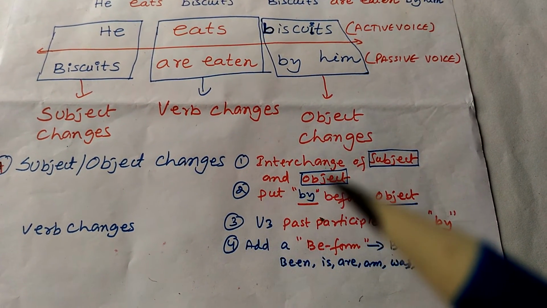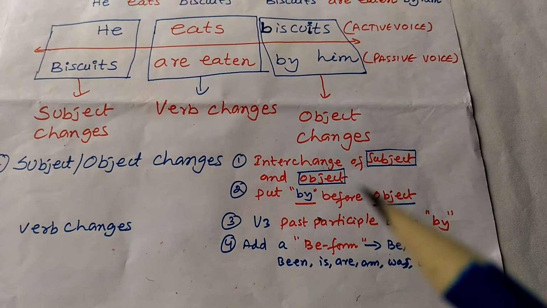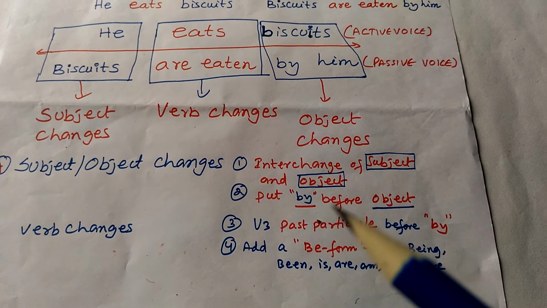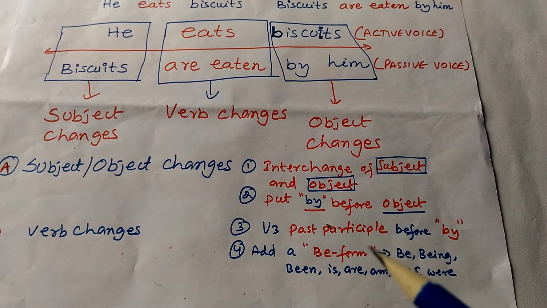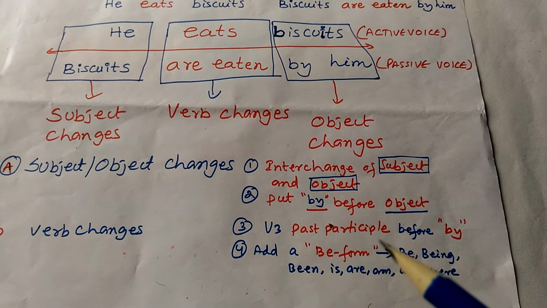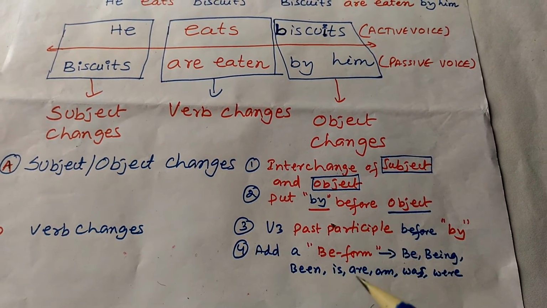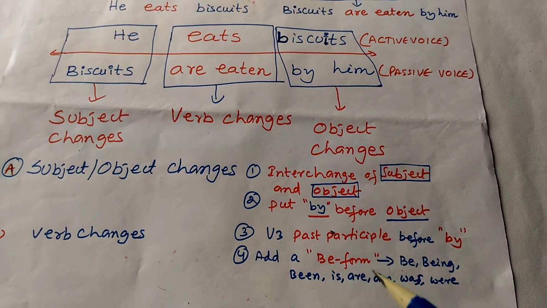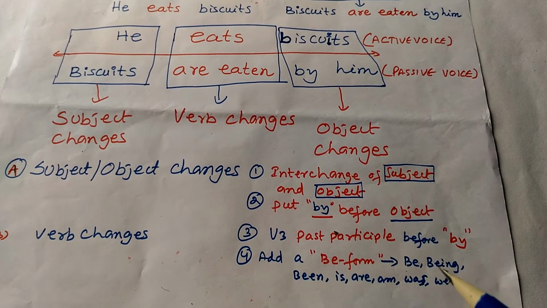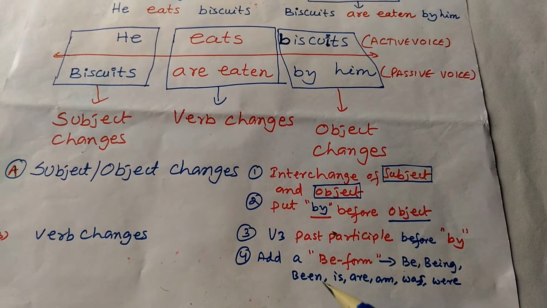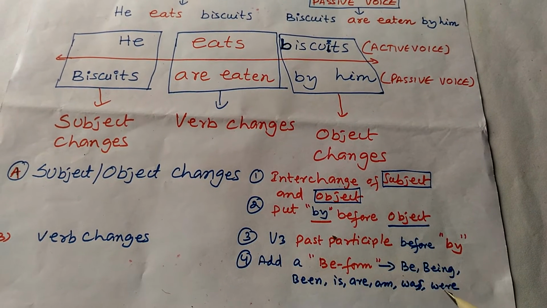First one is interchange of subject and object, and next one is put by before object, and third one is write verb 3 or past participle before by preposition, and add an appropriate be form, that is it may be or being or been or is or are or am or was and were.